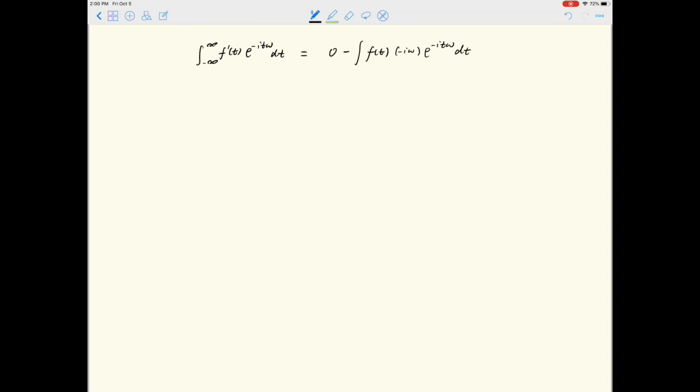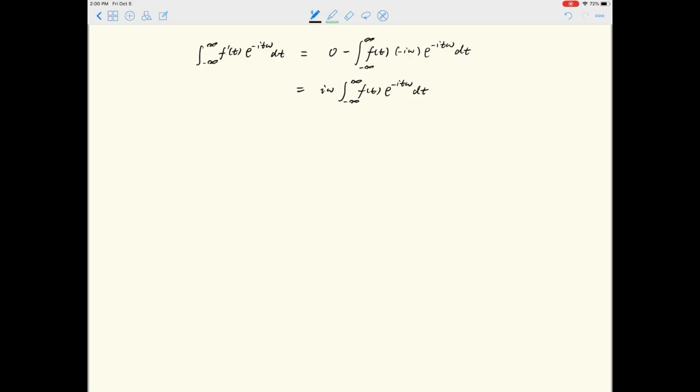Okay. So this now equals i omega times the integral from minus infinity to positive infinity of f(t) e to the minus i t omega dt.